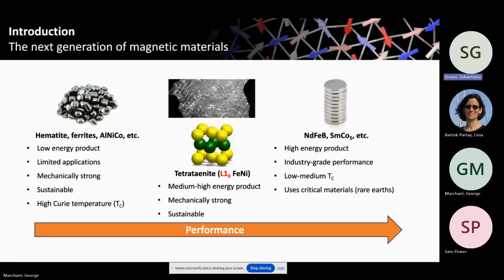There's a huge gap where, for a lot of applications, we don't need the full performance of a rare earth magnet, but there don't really currently exist magnets that can reliably sit in the middle and be applied in medium performance contexts.